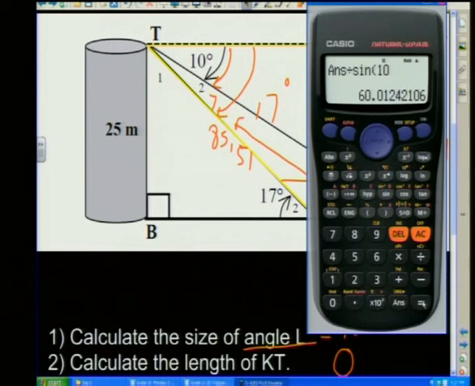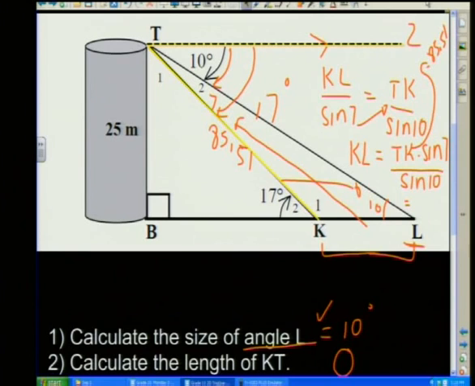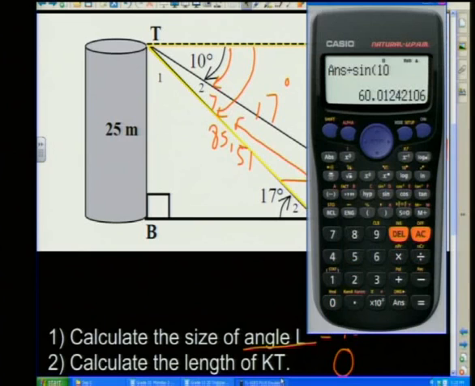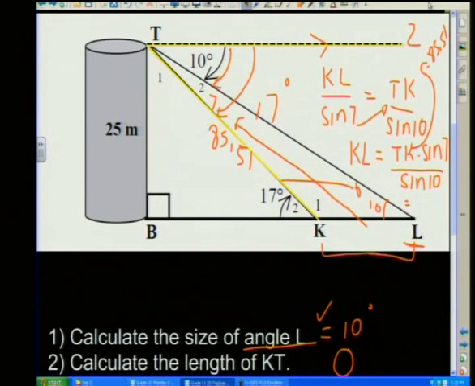Did I do that correctly? Sine 10 at the bottom, 85,51 sine 7, yep. And we get an answer of 60,01. So the distance between the two cars is just over 60 meters. It's 60,01 meters. And that's the distance between K and L.